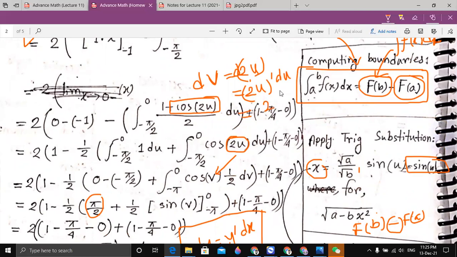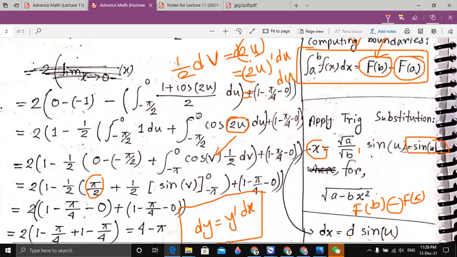So 2 du. Now if we take this 2 to the other side, it will become 1/2. That means 1/2 dv is equal to du, right? Am I right, guys?